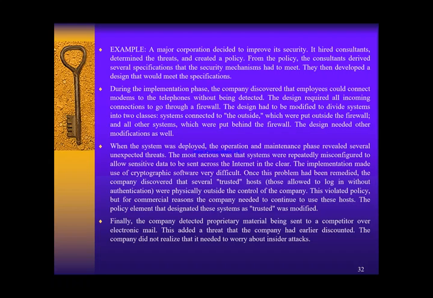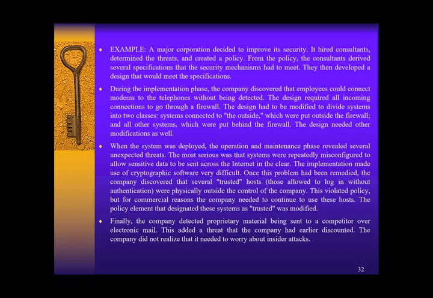When the system was deployed, the operation and maintenance phase revealed several unexpected threats. The most serious was that the systems were repeatedly misconfigured to allow sensitive data to be sent across the internet in the clear. The implementation made use of cryptographic software very difficult. Once this problem had been remedied, the company discovered that several trusted hosts, meaning login without authentication, were physically outside the control of the company.